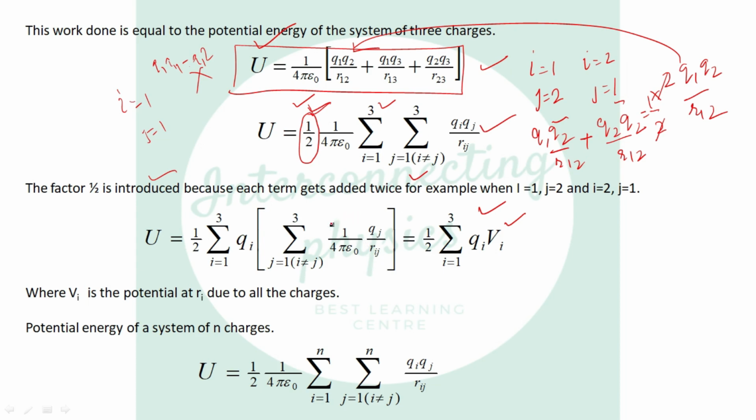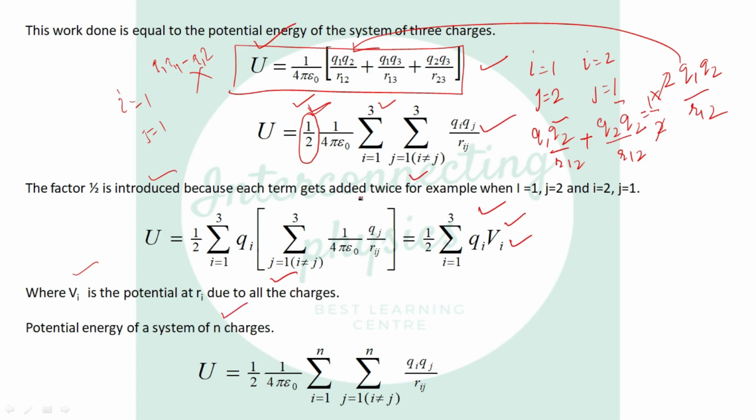And what is this? This is the potential due to a point charge, 1 over 4 pi epsilon naught Q over r. So this is Qj over Rij, and this is Vi. So 1 over 2 summation i from 1 to 3 Qi Vi, where Vi is the potential due to all the other charges.